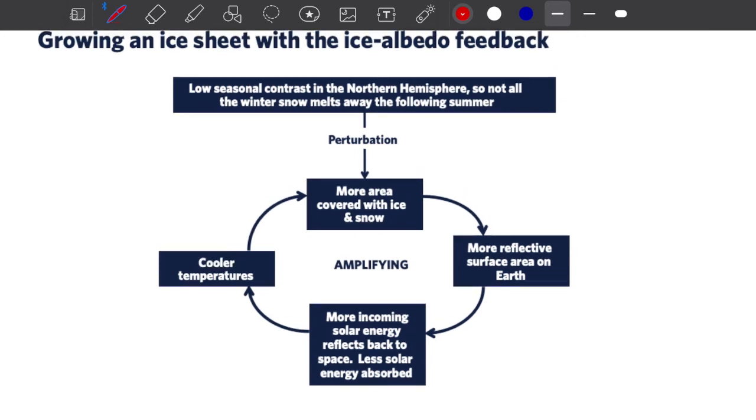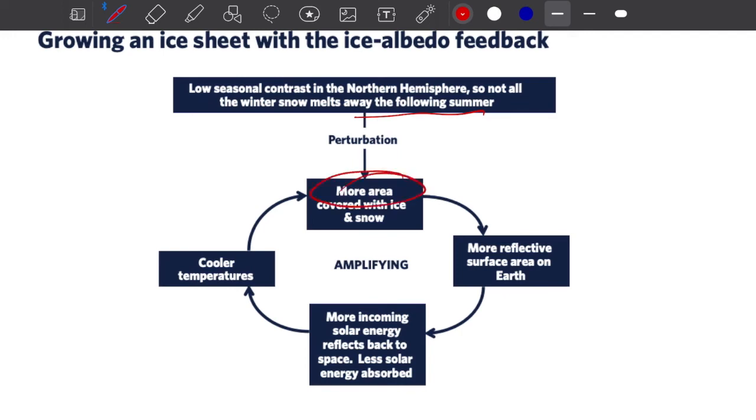So here I will discuss this feedback effect, ice albedo feedback. Look, with low seasonal contrast in the northern hemisphere, not all the winter snow will melt away in the following summer. The entire snow will never melt, and in this way slowly with time this ice coverage area will increase, and after a threshold the rate of increase is very high and it leads to ice ages.